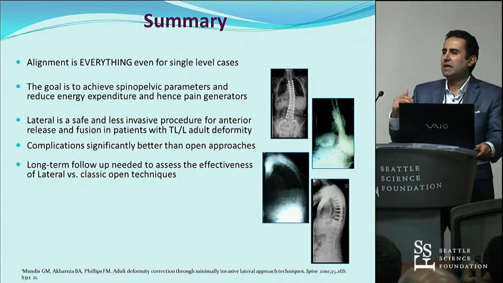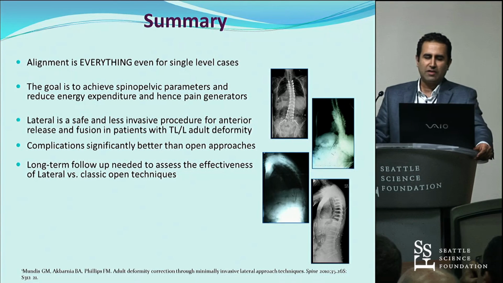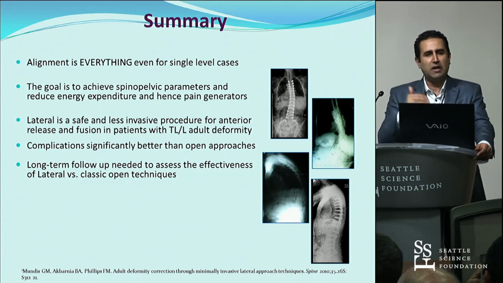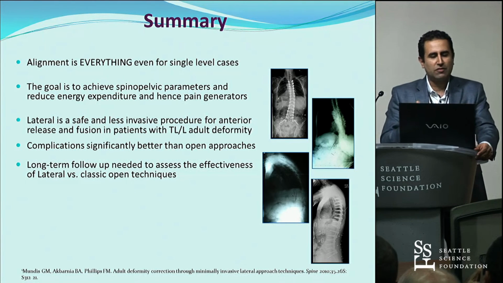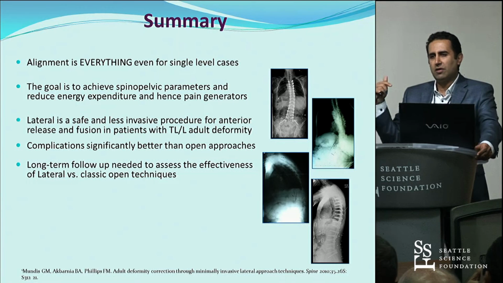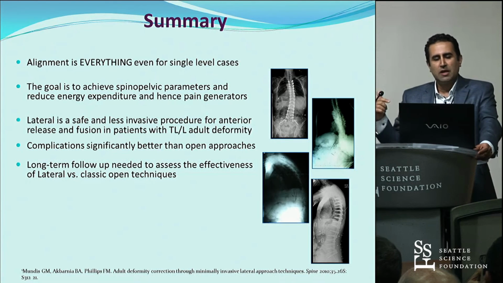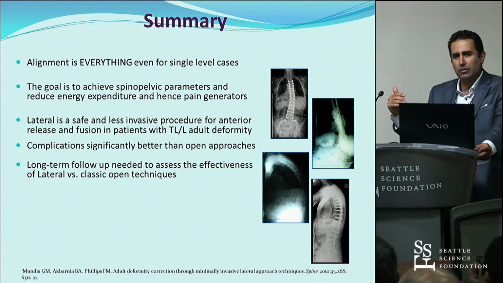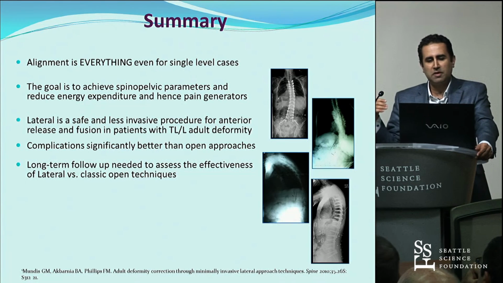So in summary, alignment is everything, even for single level cases. The goal is to achieve those spinal pelvic parameters, to get your patients within those parameters so they reduce energy expenditure and therefore reduce their pain generation. You've seen the impact of posterior approaches over time, including large 3-column osteotomies.